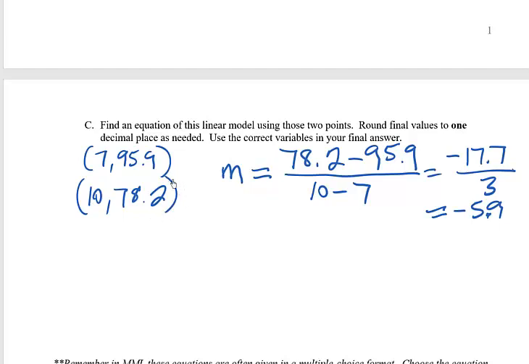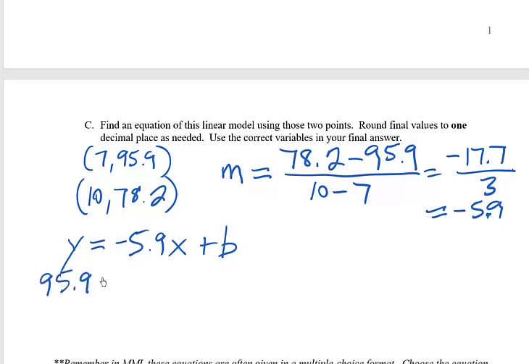This is where we've learned 2 different methods. You're welcome to use whichever of those methods you like. I think I'll just go ahead and use the y equals mx plus b method, right? That's the one where I fill in the slope, and then I temporarily plug in one of the points. I'll just use the first one, I think.